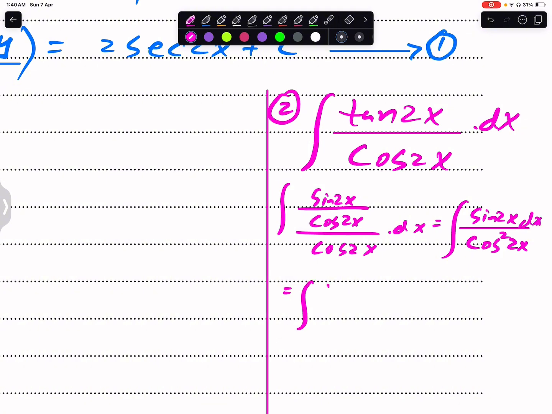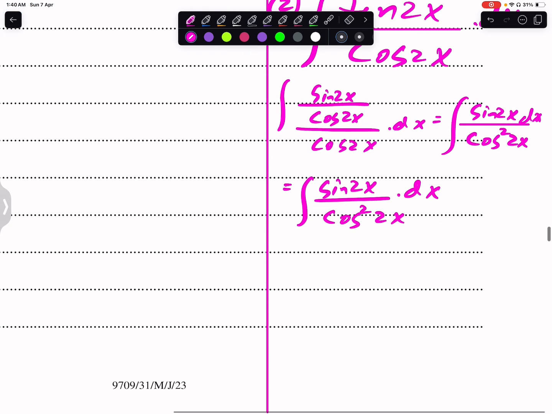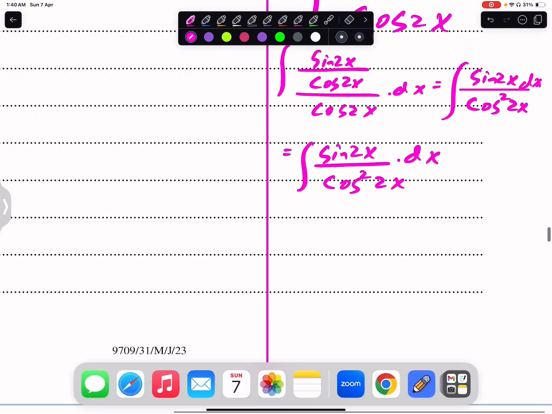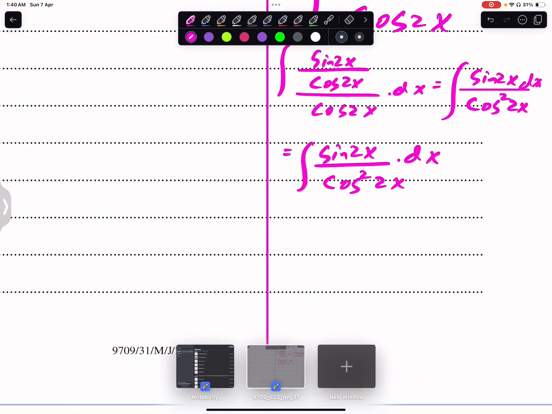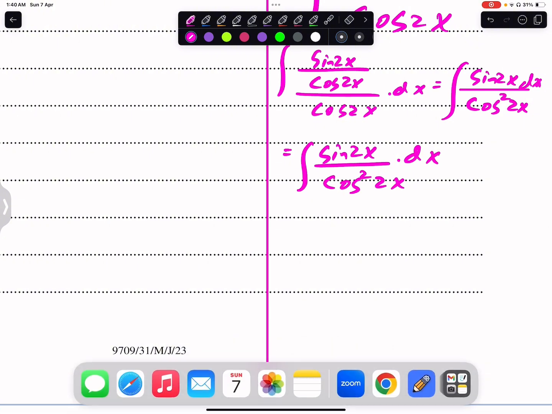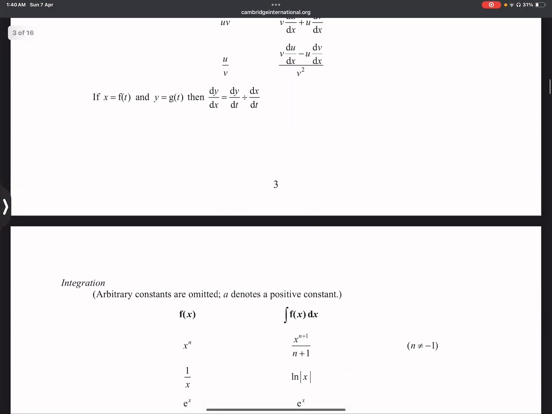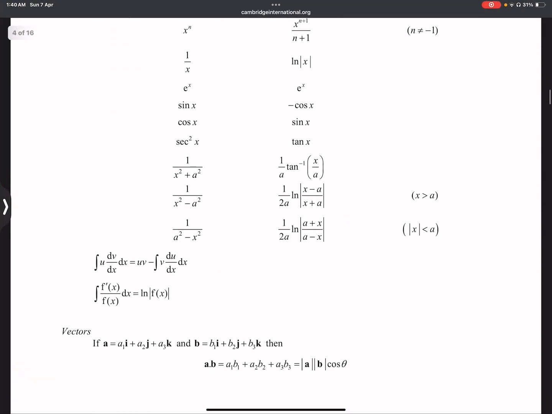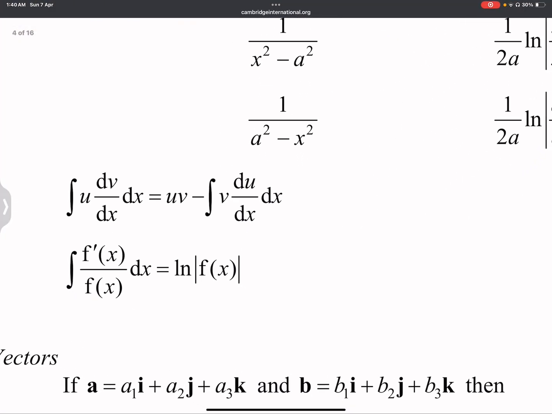Now to integrate this expression, sine 2x over cos square 2x dx, let's go back to the formula sheet. Students, just think of this formula of integration, in which cases you used to use it.